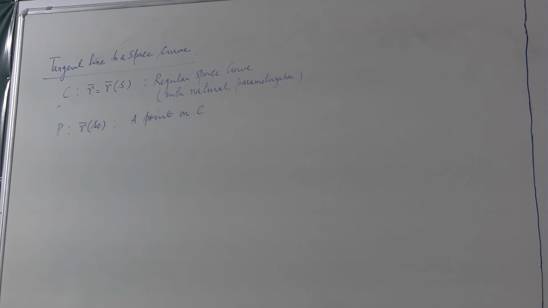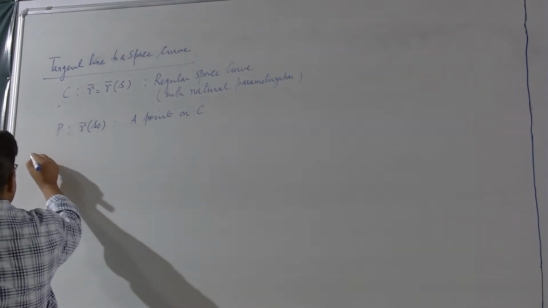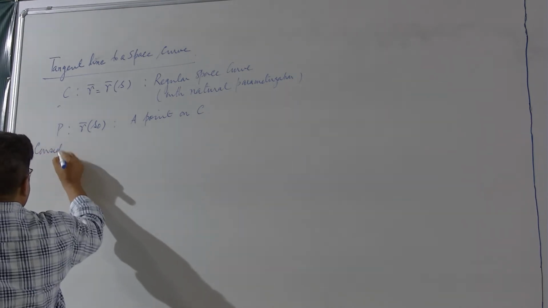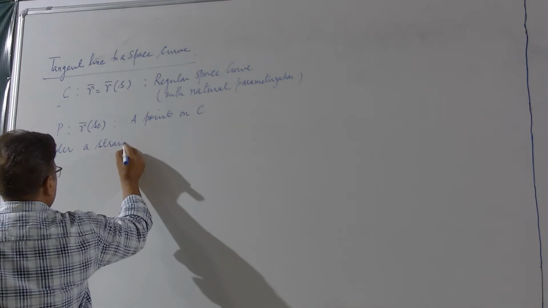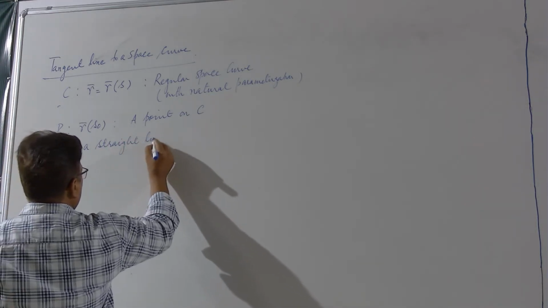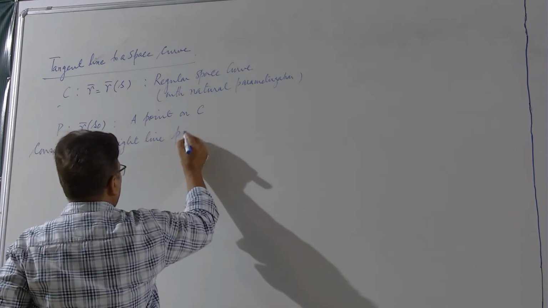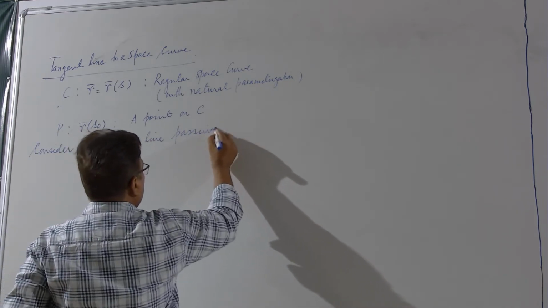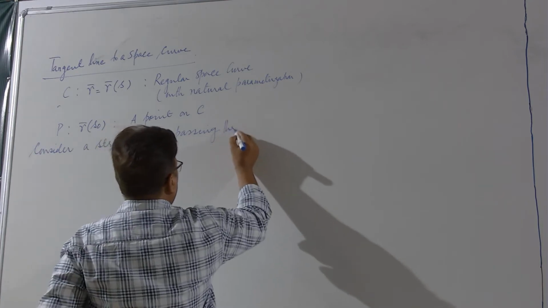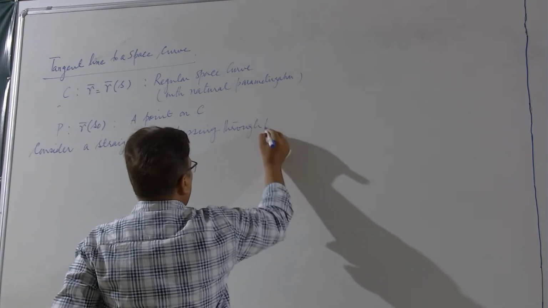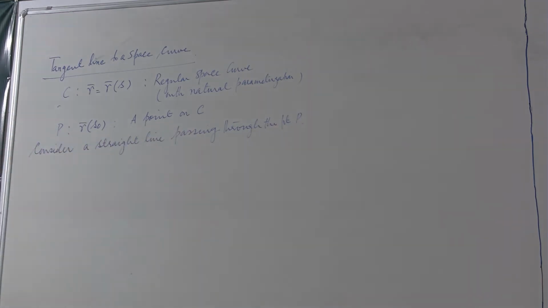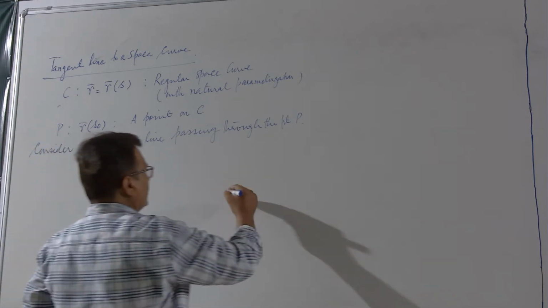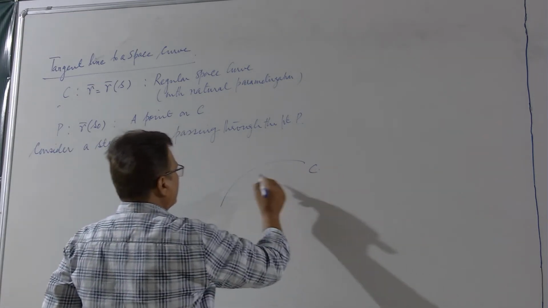Now, consider a straight line passing through the point P. So, you have got two things, one is the curve C, and the other is a line.